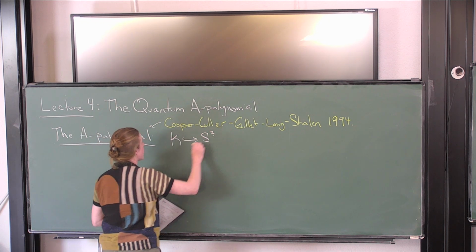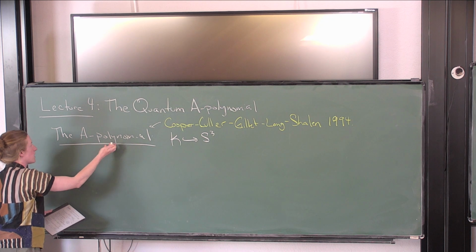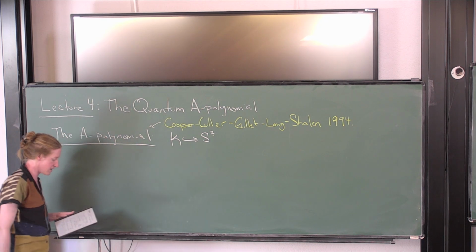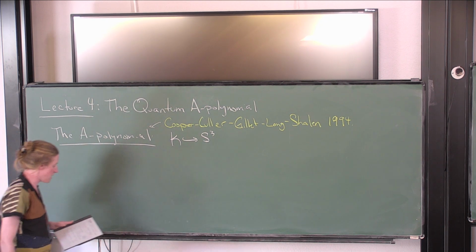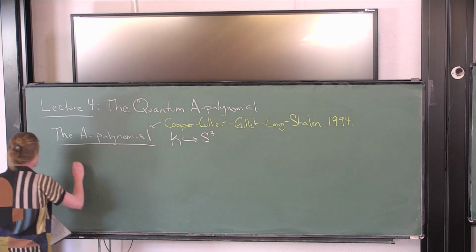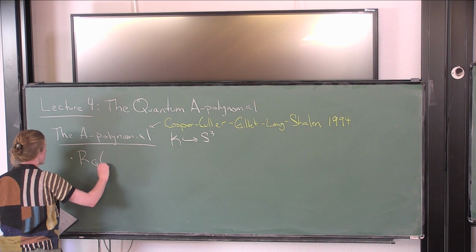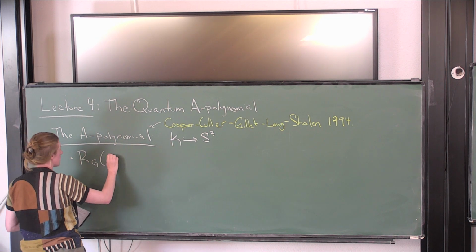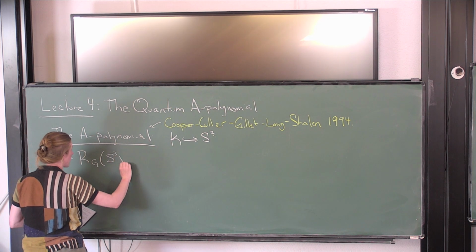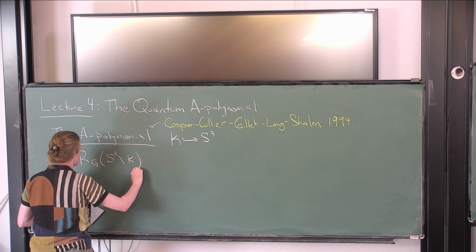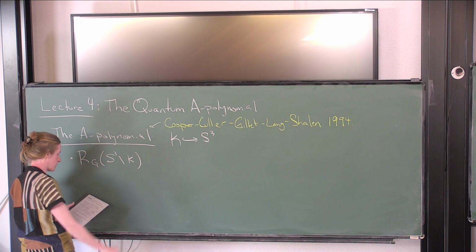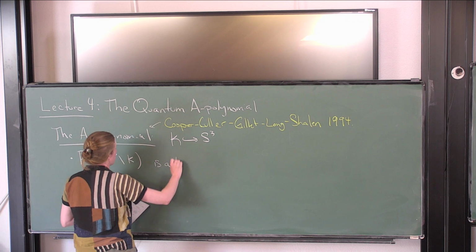Living in S3, this is just a way of making a polynomial associated to that. It's something mathematicians love to do. The basic idea is that you can start by thinking of RG, the representation variety, of S3 minus this embedded knot.